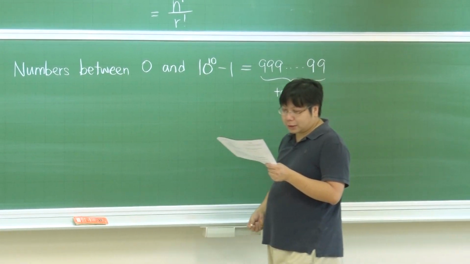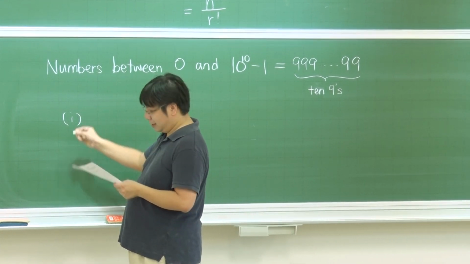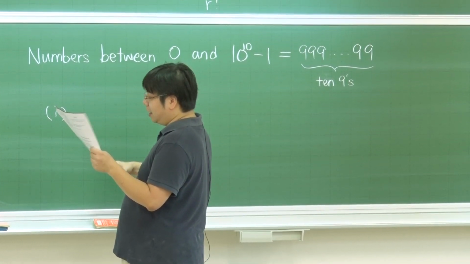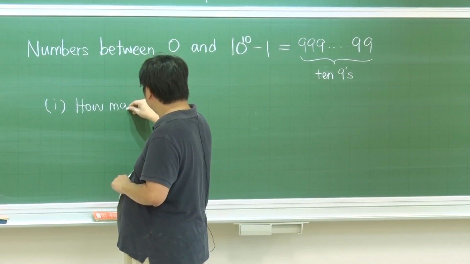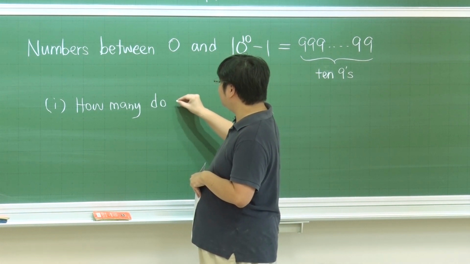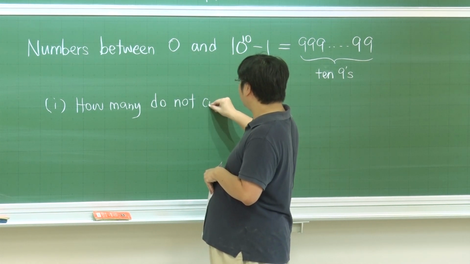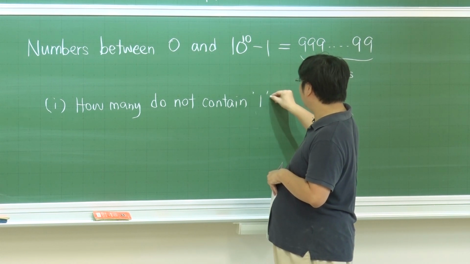Okay, so we consider the numbers. Here, the first question is, how many of them do not contain the digit 1?